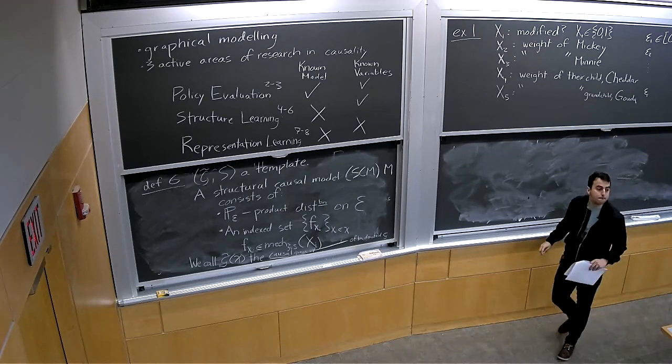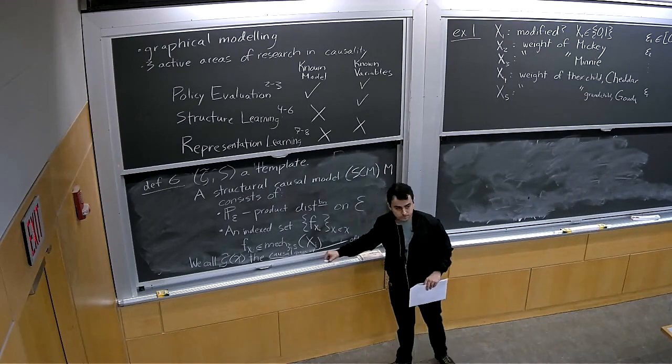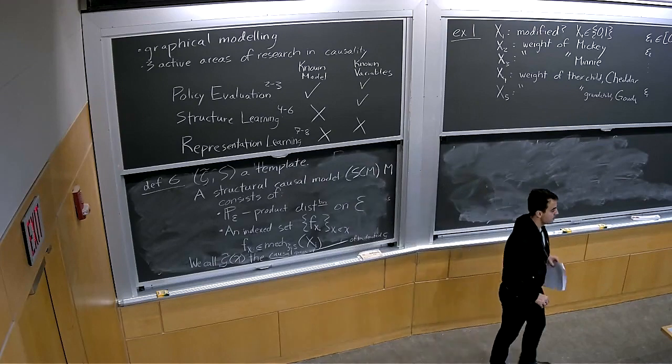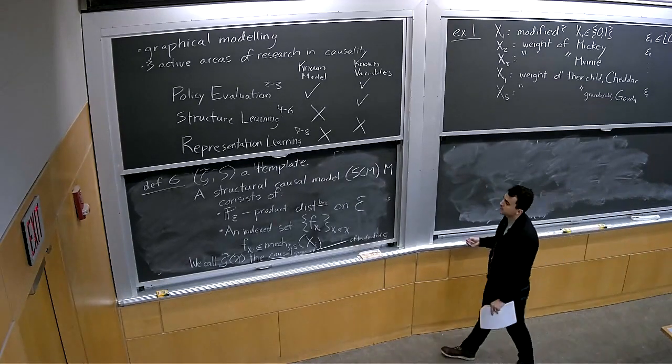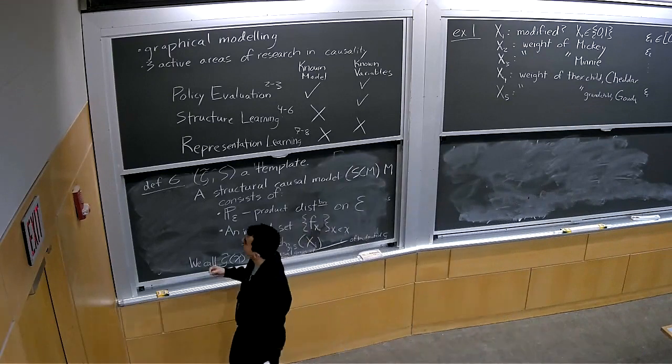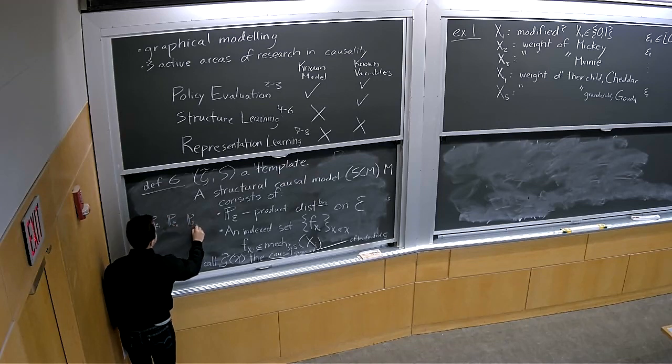Yep. What does the product distribution on epsilon look like? Is it usually like a set of distributions? Yeah, so you could think of this as a distribution for each of the epsilons, like P epsilon 1, P epsilon 2, P epsilon 3.